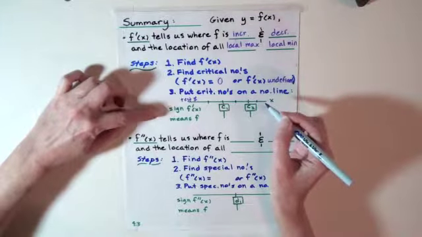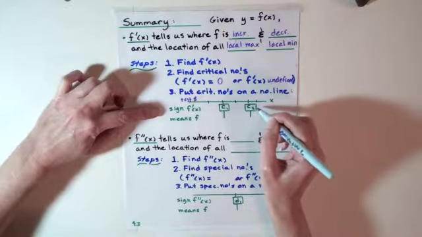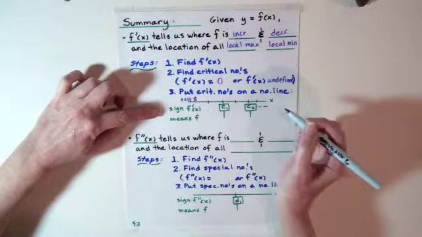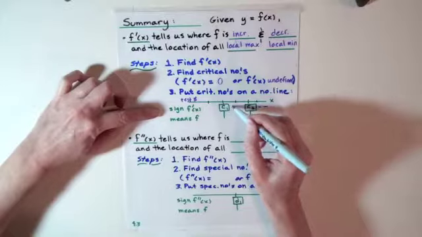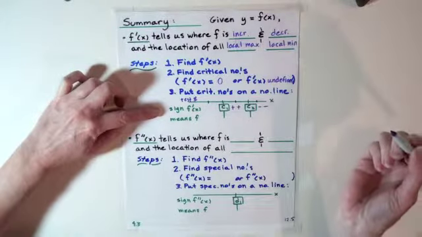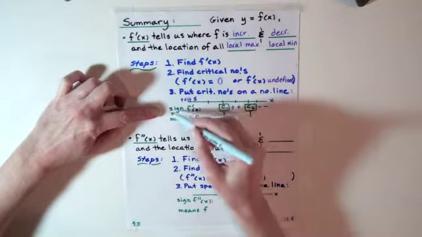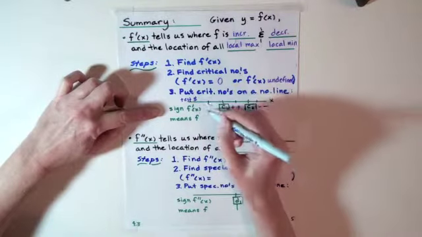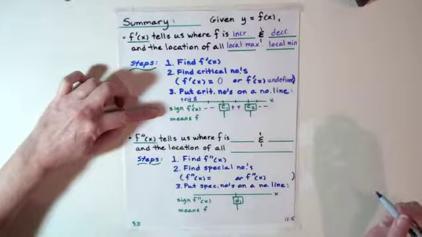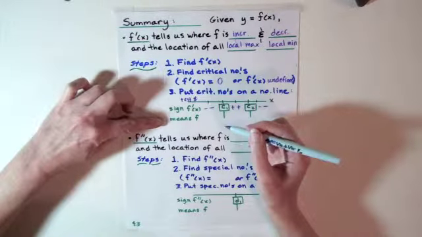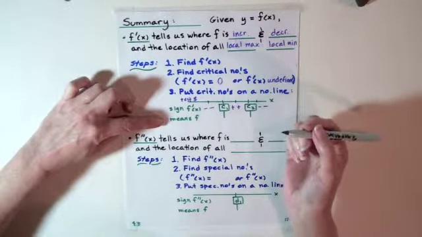So suppose, for example, we test a number to the right of C2 and we find out that f prime is negative. And then we test a number between C1 and C2 and we find that f prime is positive. And perhaps we test a number to the left of C1 and find that f prime switches sign yet again. In this situation, what would that mean about f?